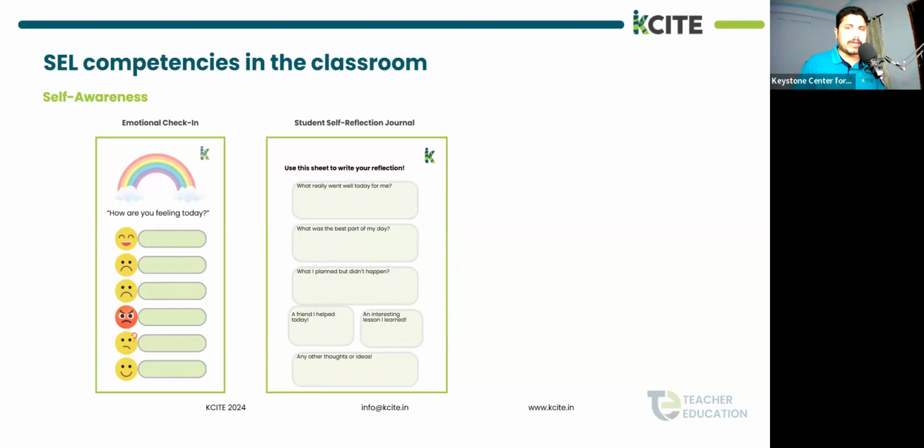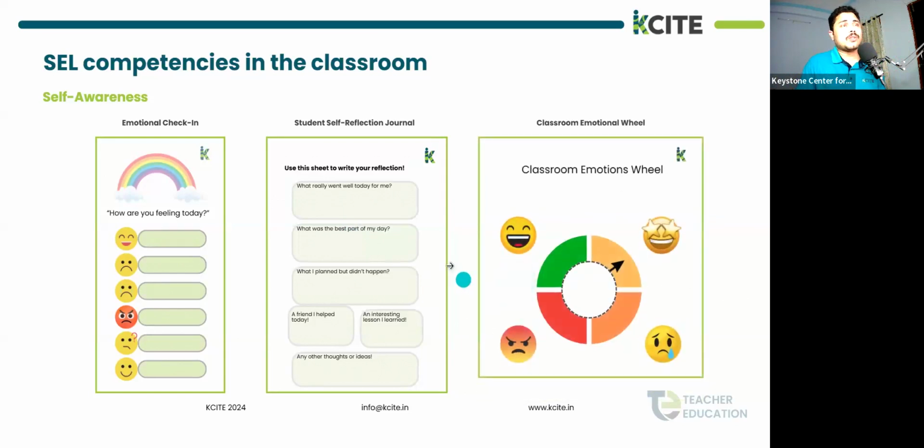They can simply write on a piece of paper, or maybe they can have a journal, maybe a notebook, where they write every day how their day went. Okay, this is also a good practice which you can do in the class. This will also help you understand that you are transforming your environment into a thriving environment where students, over a period of time, express their emotions and you also support them back.